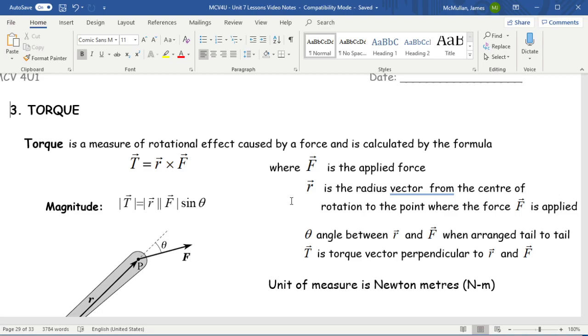Now, you can demonstrate this yourself very easily. So listen to my instructions, then pause the video and try this. Go to the nearest door and open it using the handle. Probably that's pretty easy. Then try to close it again by pushing very close to the hinge. So push really close to the hinge.